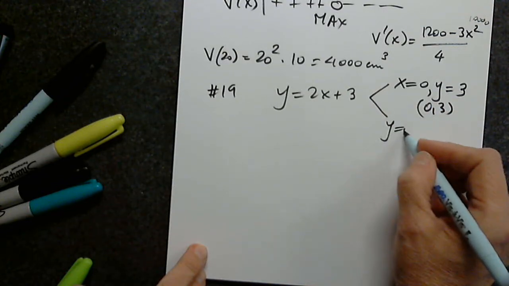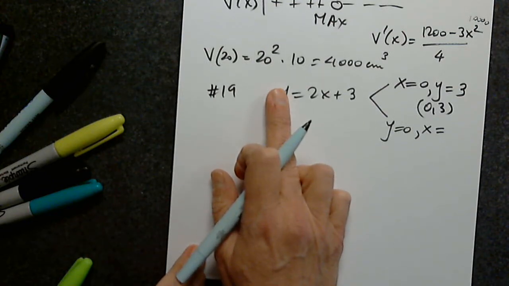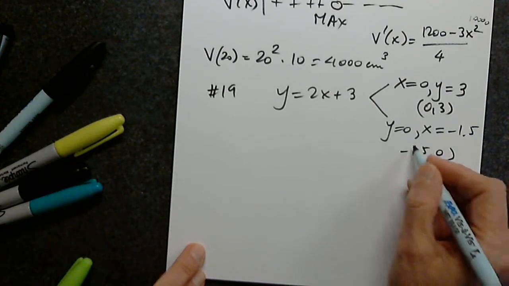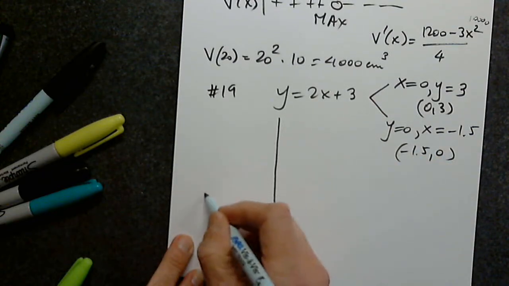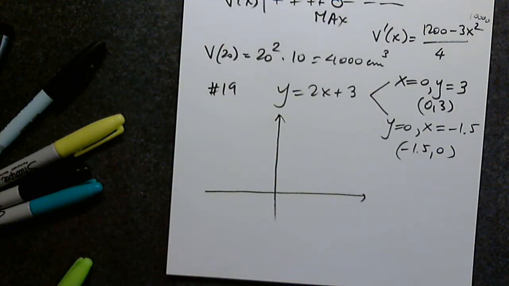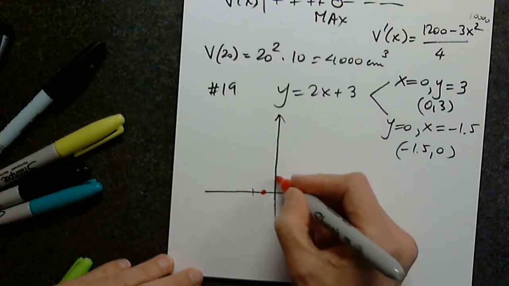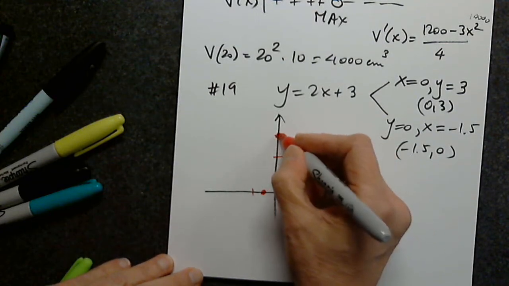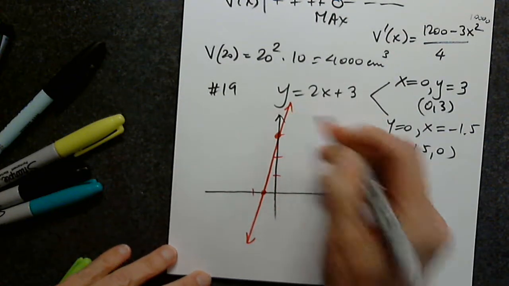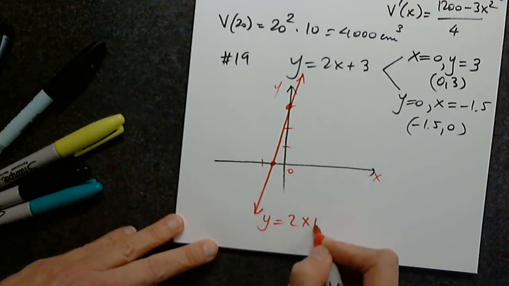And when y is 0, how much is x? Negative 3 over 2. Very good. Negative 1.5, comma 0. Let's graph it. So this is the graph of y equals 2x plus 3.